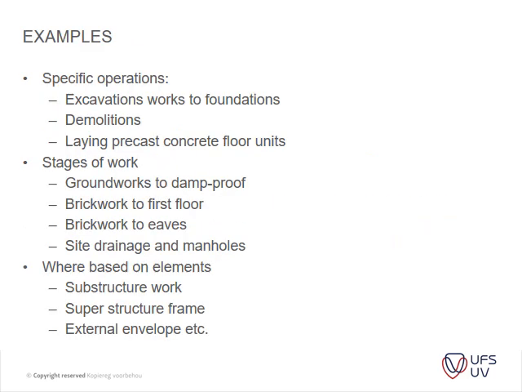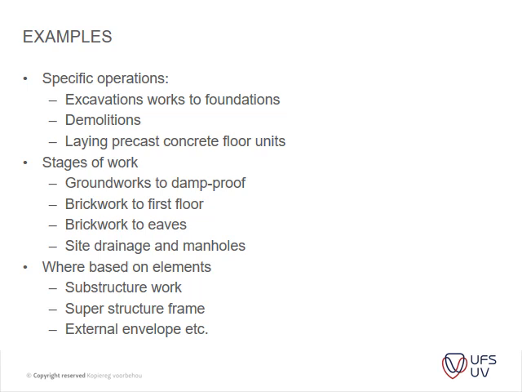Okay, then looking at specific examples, this is now on page 219 on the first page. Specific operations are, for instance, your excavation works to foundations, your demolitions, laying precast concrete floor units. Then you've got your stages of work: groundworks to damp-proof, brickwork to first floor, brickwork to eaves, site drainage, and manholes.